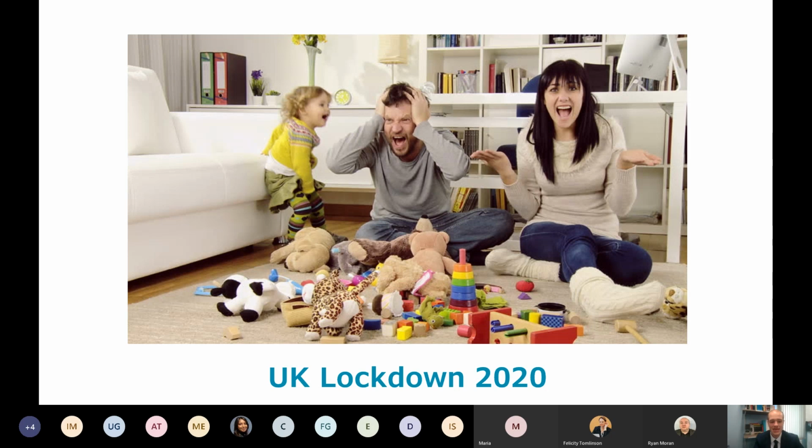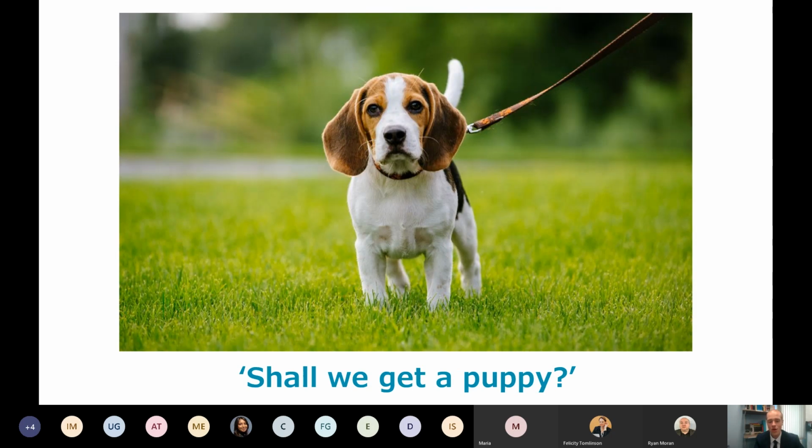And what we've seen during the lockdown process is just as the number of Facebook or Twitter posts about admiration for teachers increases, so does the amount of posts saying, does anybody know anyone who is selling any puppies?